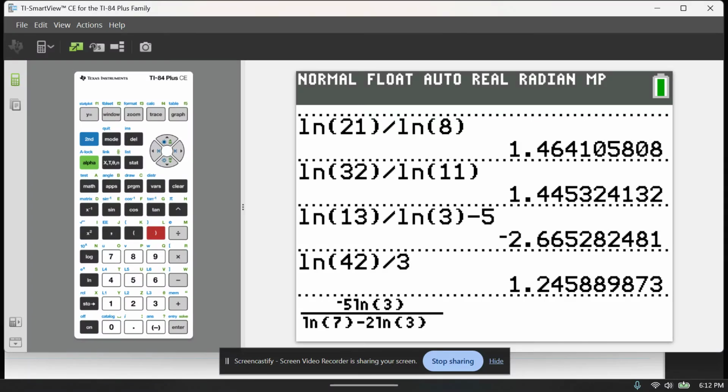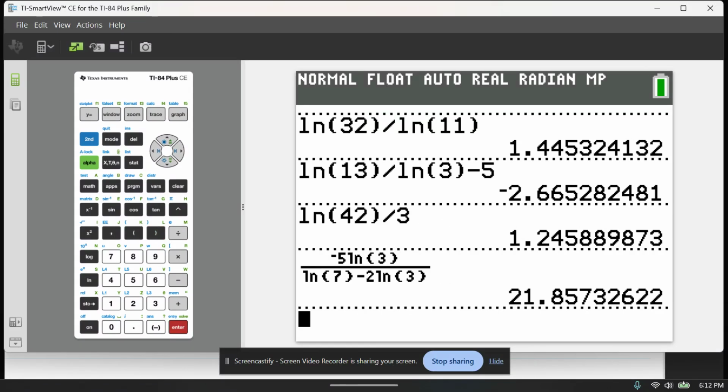That's exactly what I had written down. Did I get all the signs right and everything? So I typed it in looking exactly like what I had written down. Putting it in the fraction button helps with this. Alpha y equals, get the fraction button, and then hit enter. Your calculator will change it to a decimal. 21.8573.